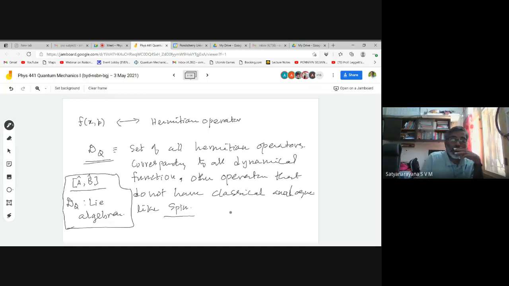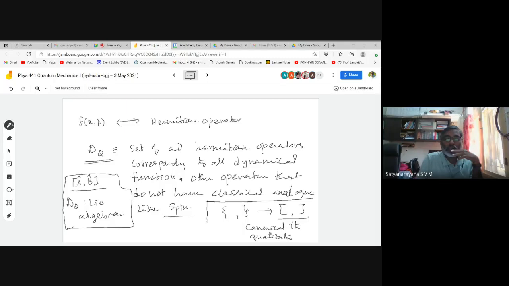In fact, this is how Dirac introduced what is called canonical quantization. So he said, you take a Poisson bracket between any two elements and replace it by commutator divided by i h cross in quantum mechanics. This is what is called canonical quantization.